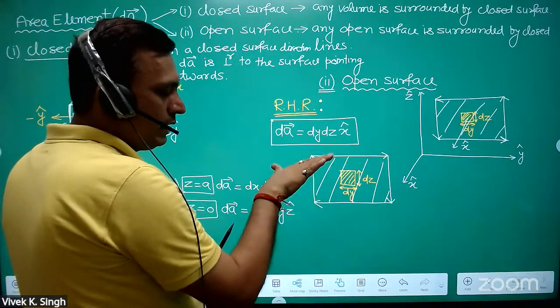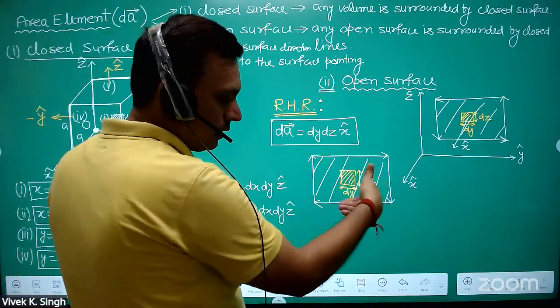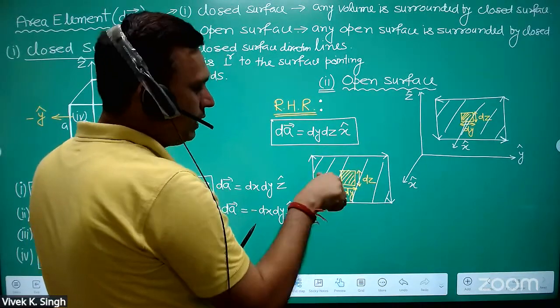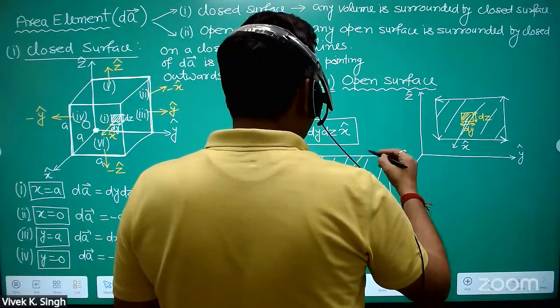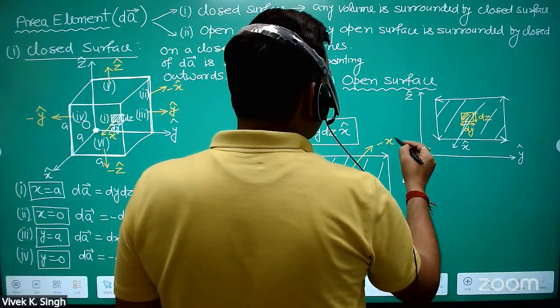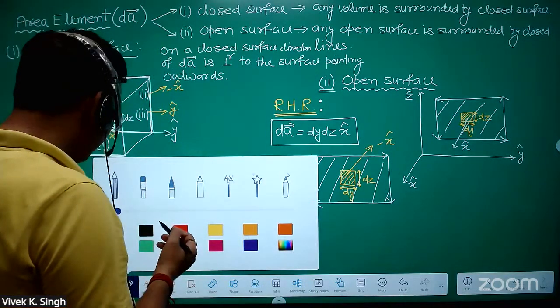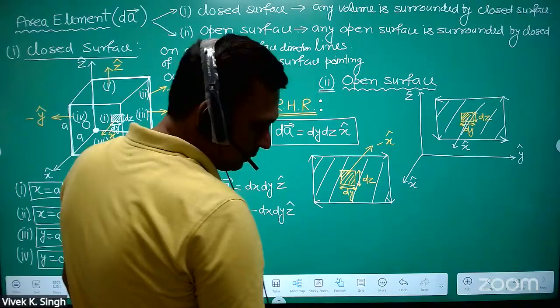So use your right hand and move your fingers in the direction of integration. The thumb will give you the direction of dA. So this direction is minus x cap. Okay? Is it clear? Yes, sir.